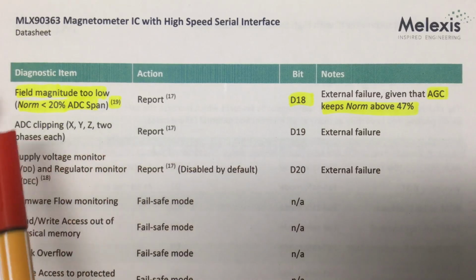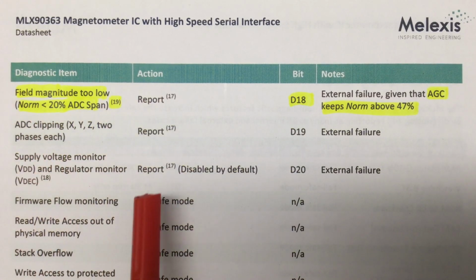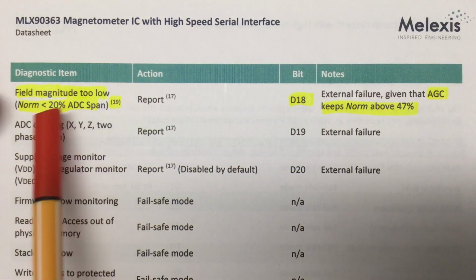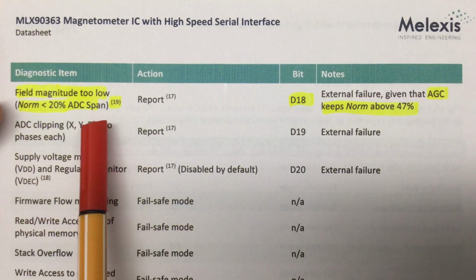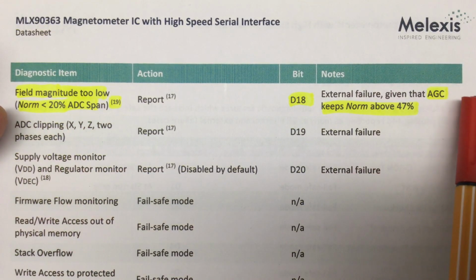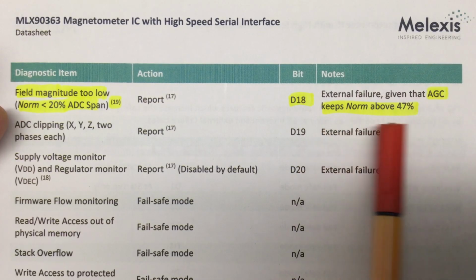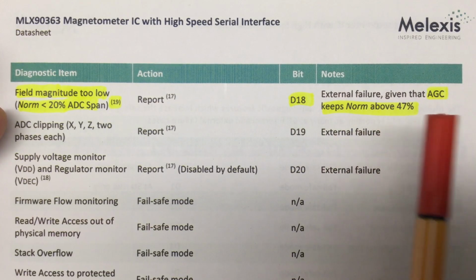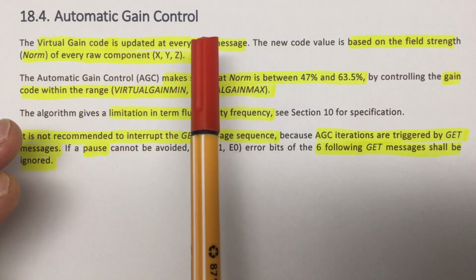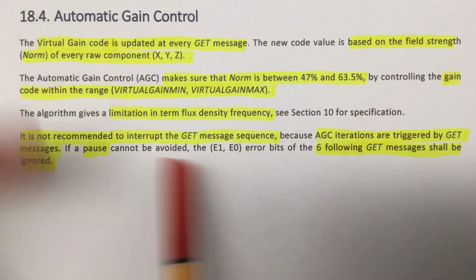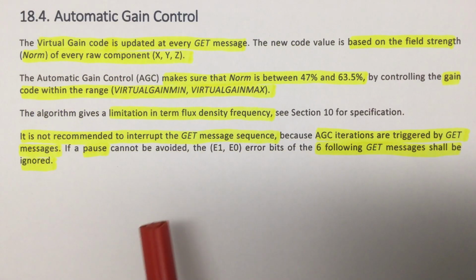D18 is consequently field magnitude too low, so the norm is smaller than 20% of the analog to digital converter span, and the automatic gain control tries to keep norm above 47%. There is a chapter, automatic gain control, which provides some more tidbits of information.